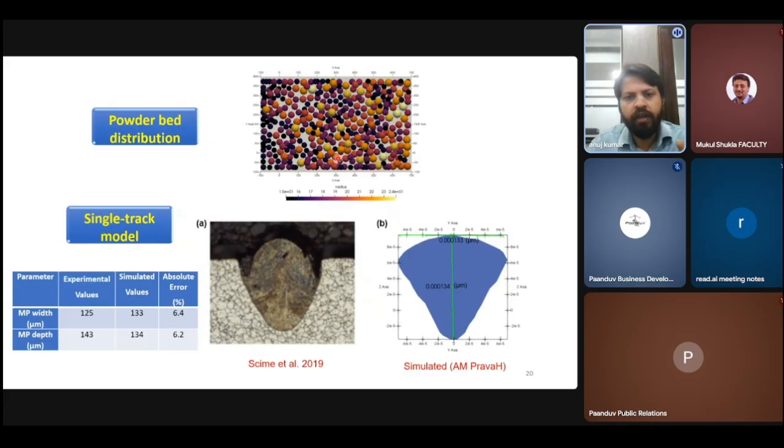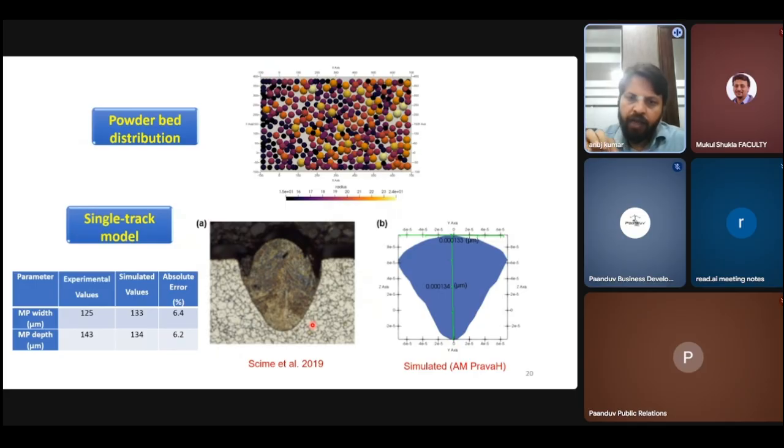Then we go for the single track model, and we start the laser from here, and we fuse the powder particles with the laser. We can extract the cross-sectional view of the melt pool, and we compare this melt pool with the actual reported results of experimental micrographs. So the idea is, there is a study, they have used certain parameters, certain laser power, certain scan speed.